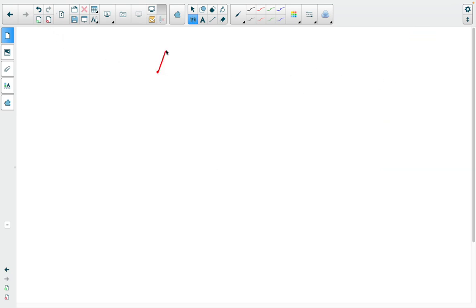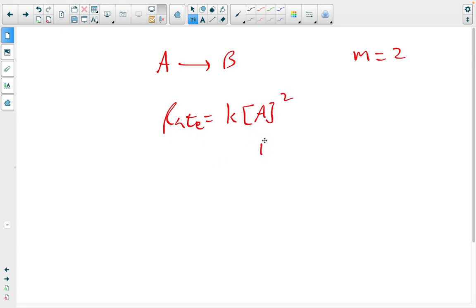The last situation is where A goes to B, and in here, let's just say M is equal to 2, where rate now equals K times the concentration of A raised to the power of 2. And you can see now that if I were to start with 1 mole per liter of this, let's just say my rate would be 1, K is constant again. If I were to double the concentration of my reactant here, you will see that 2 squared is equal to 4, which means my rate actually goes up 4 times.